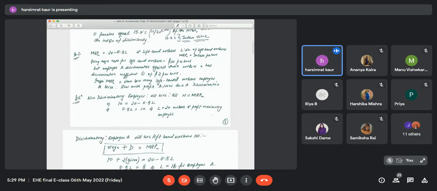So guys, please remember they have given you the MRPL demand curve, and they are telling you the wage at which workers are hired. They are also saying there's a certain discount factor, because it's a prejudice.